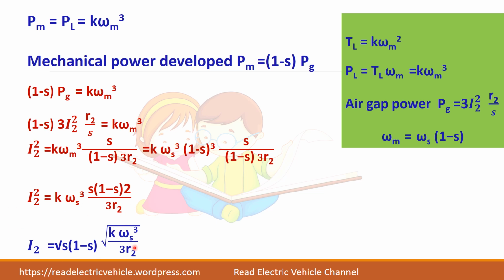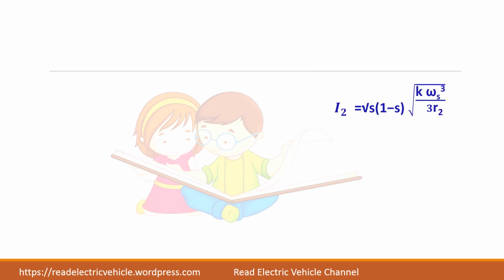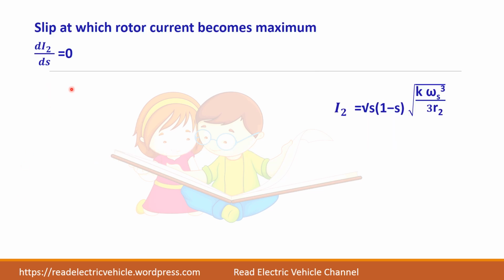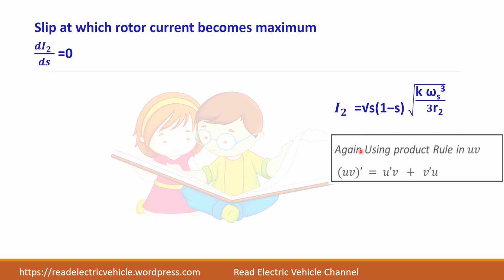What we have to find is the value of slip when this I2 is maximum. This is the I2 equation. Let us differentiate this with respect to S and equate to 0, so we can find the slip at which this rotor current becomes maximum.